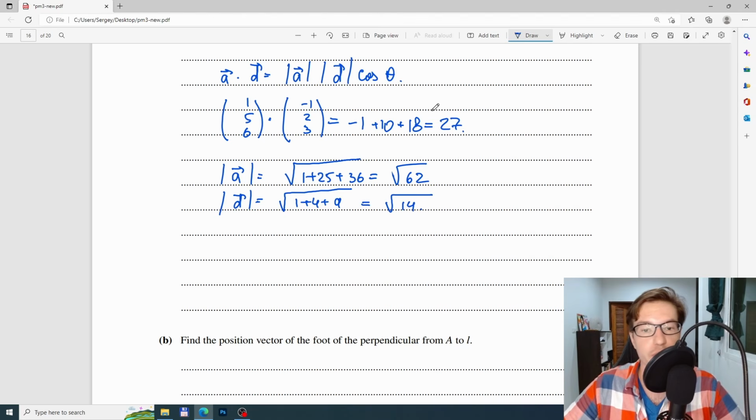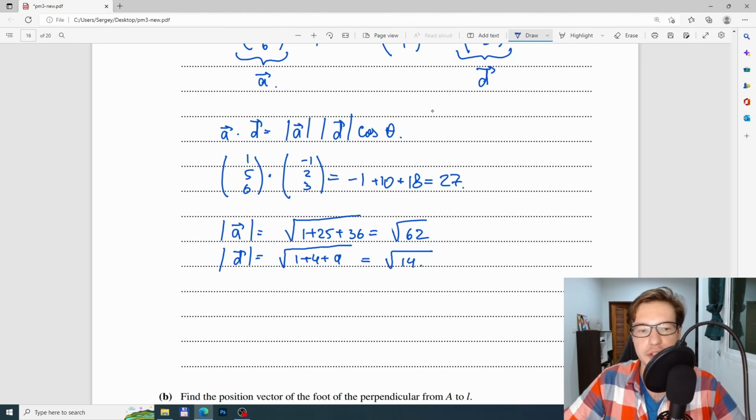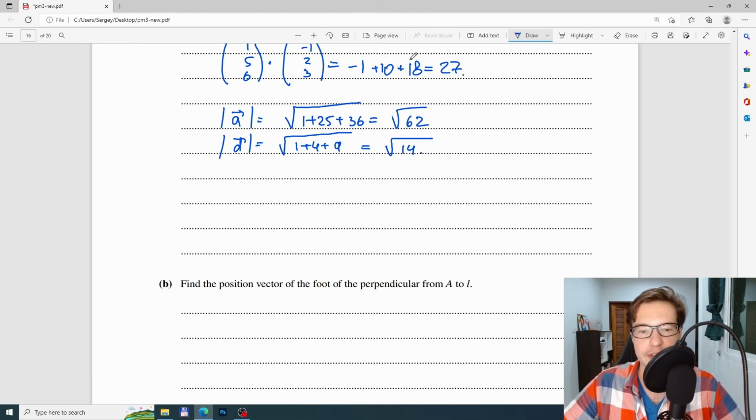And when I substitute all the values into this equation, I will get 27 equals square root of 62 times the square root of 14 cosine theta. So from here, I can find cosine theta.